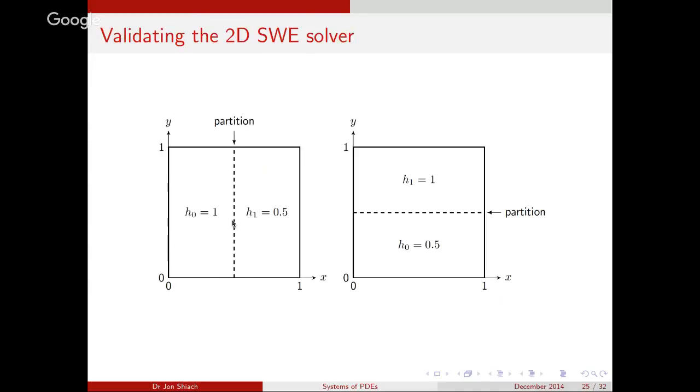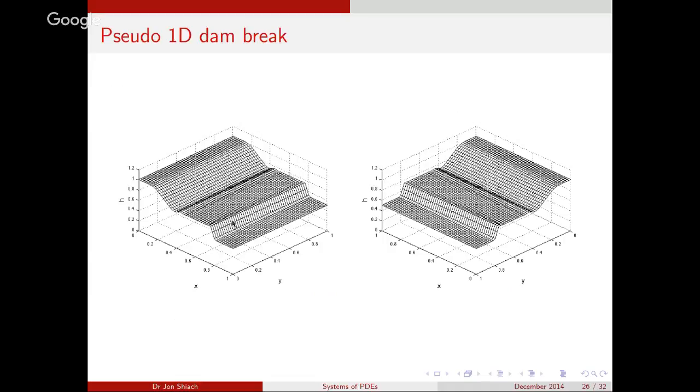Here we have the solutions. I have an X axis there and a Y axis there, and there's my height. If I was to take a slice, you'd have a 1D solution. And you can see there's no movement, all of these lines are parallel.